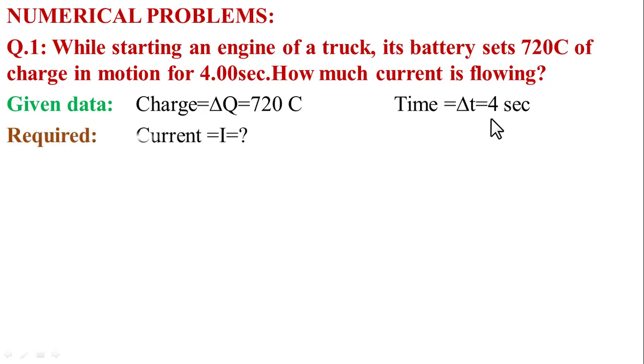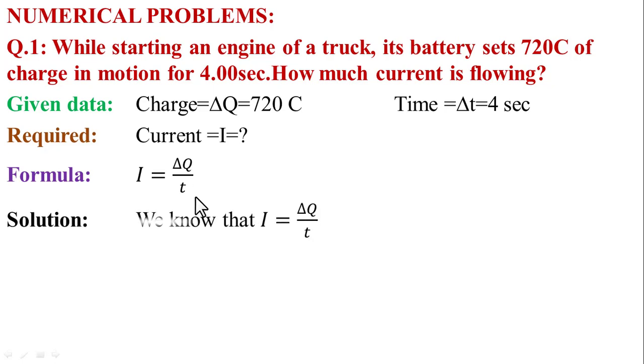Now we can find the electric current I. Using the formula according to the given data, I is equal to delta Q divided by T, since Q is equal to IT. Finding the solution, we know that I is equal to delta Q upon T. Putting the values, I is equal to 720 divided by 4.